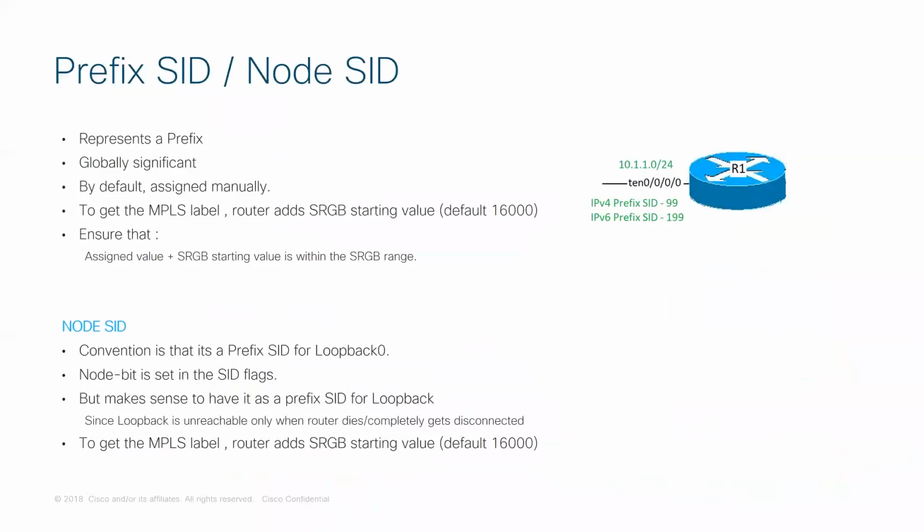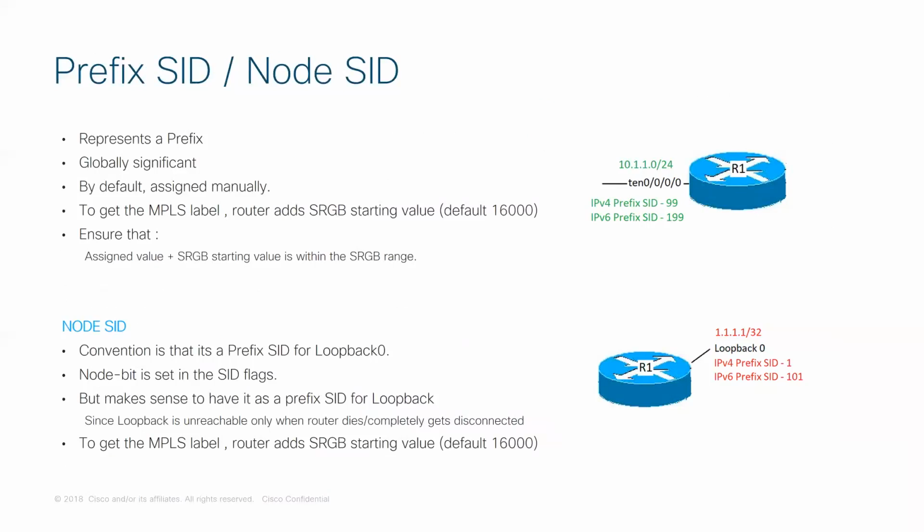So in this case, ignore the first diagram. Please concentrate on the second diagram, the loopback 1111/32. To that, I give a segment ID number. It's a number basically, and the number can be anywhere depending on your range.